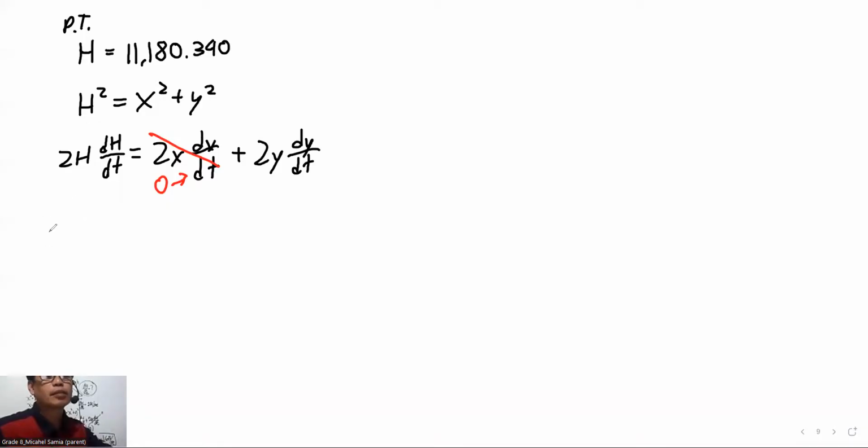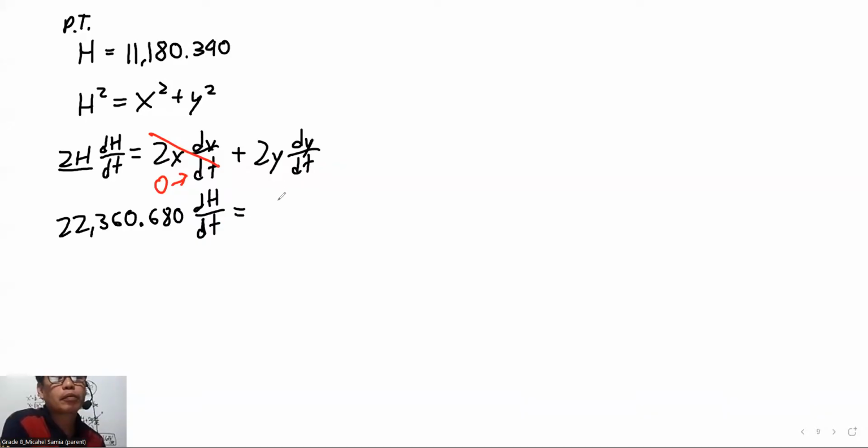So we can substitute and simplify. 2 multiplied by h is equal to 20,000 multiplied by 200.